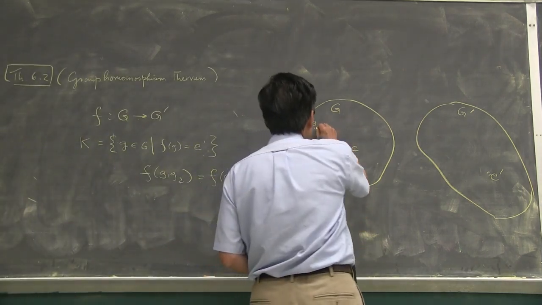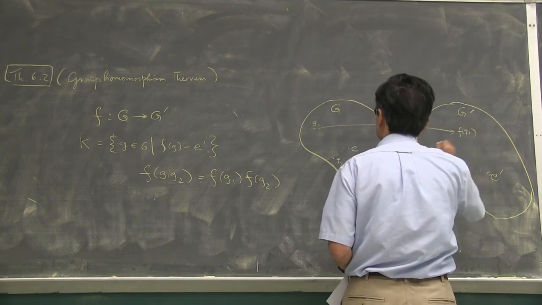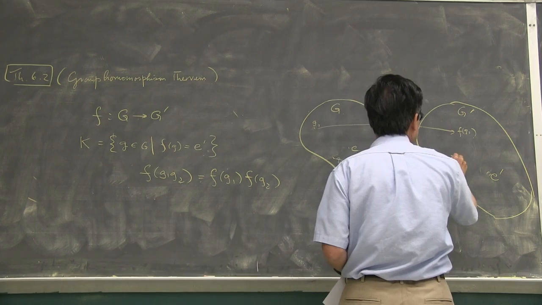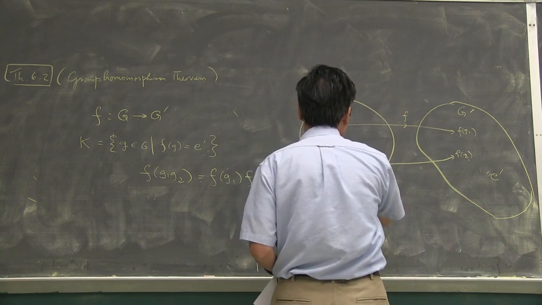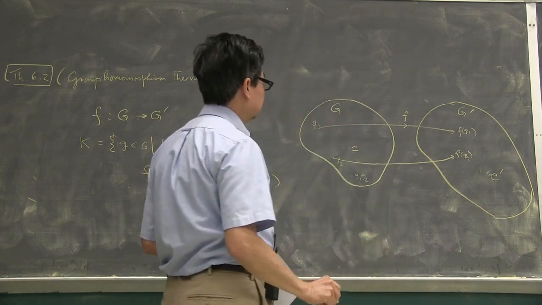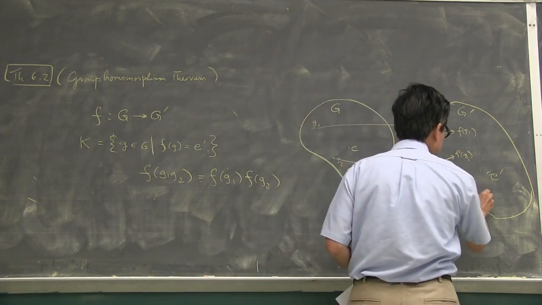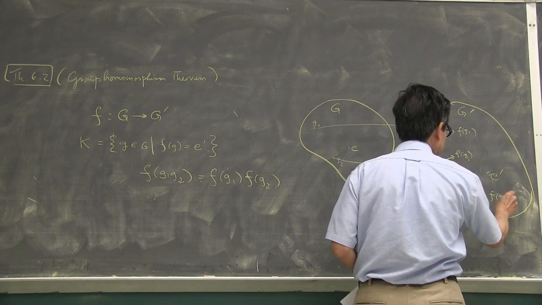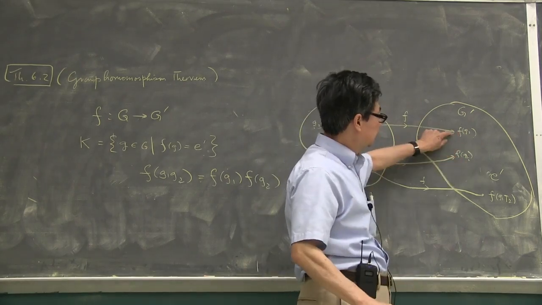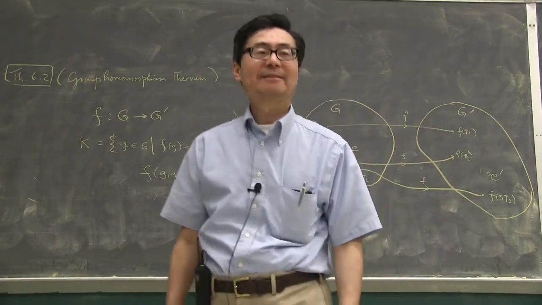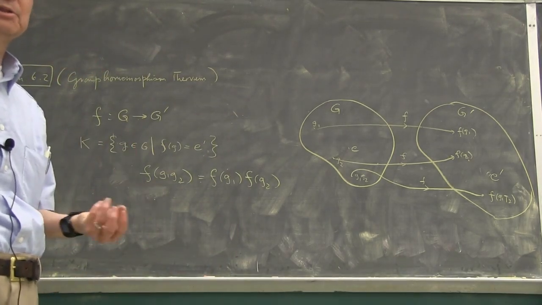So let's say G1 gets mapped by the homomorphism to F(G1), and G2 gets mapped to F(G2). And let's say G1 G2 is some other element in G. Then for F to be a homomorphism, this will get mapped to this thing in here, which is F(G1 G2), right? A homomorphism means that in this group, this multiplied by that gives you that.